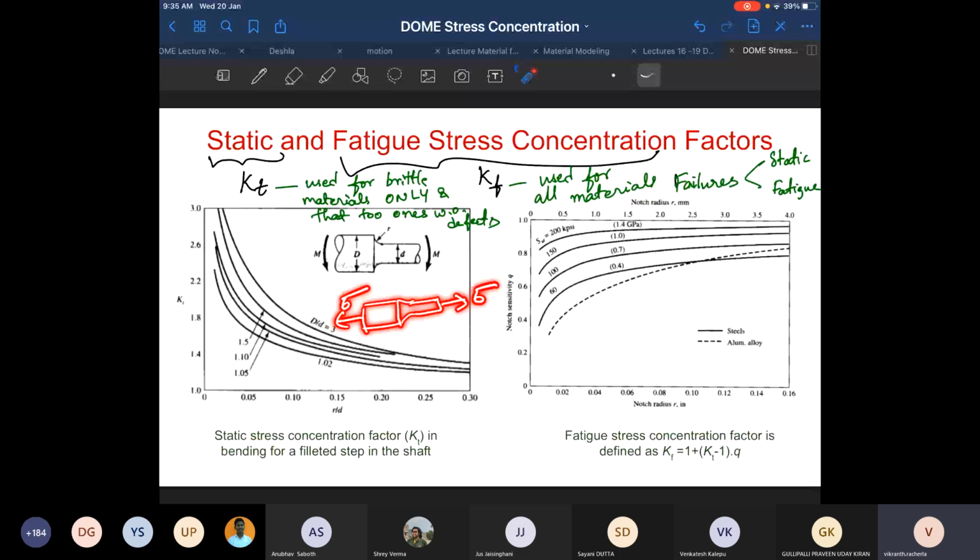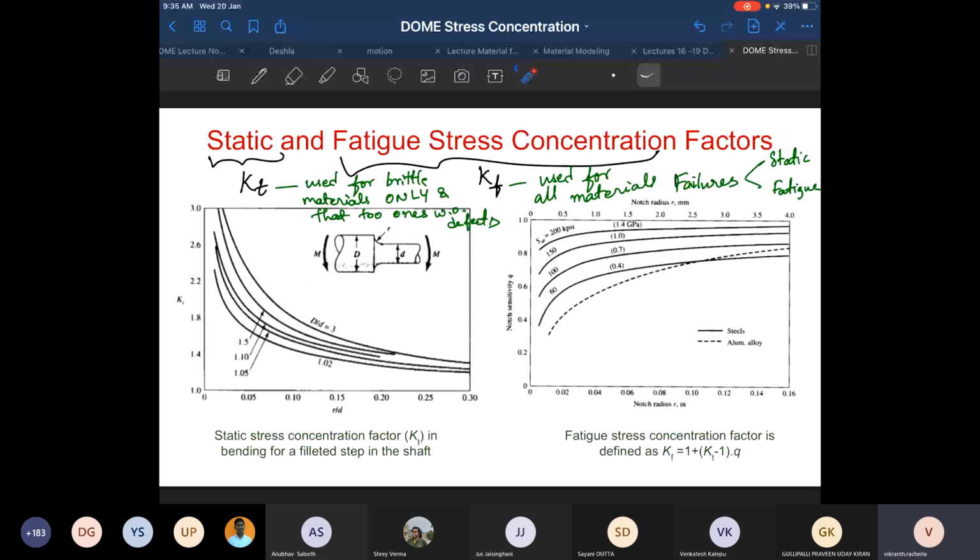There will be a different graph for a cylinder with a hole which is subjected to bending moment M. So the stress concentration factor graphs will depend on the geometric feature, and on the type of loading.